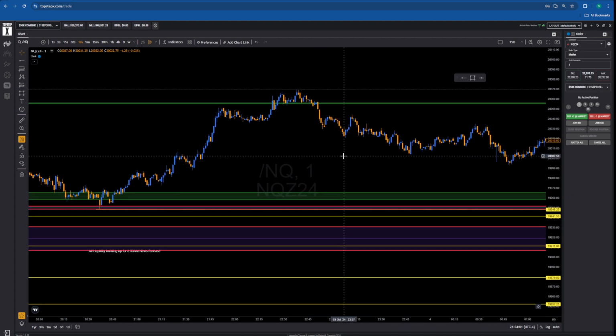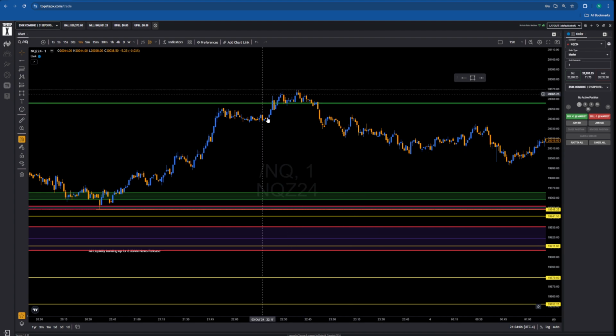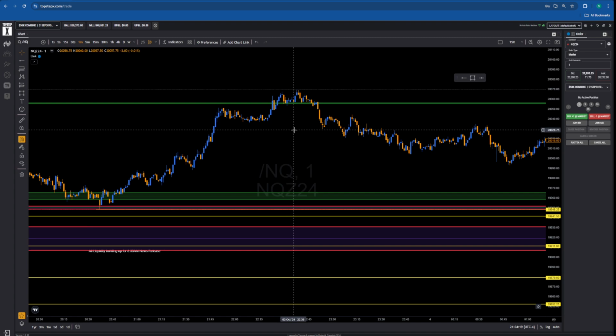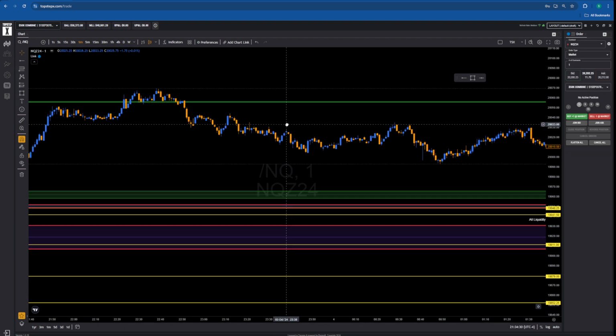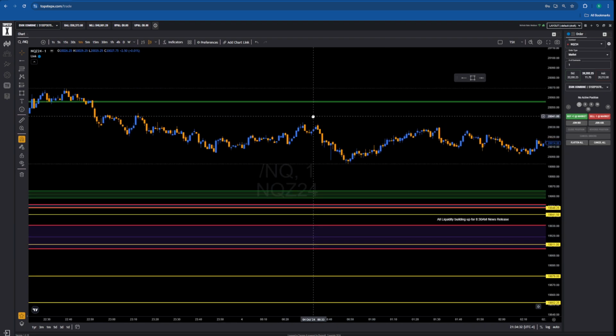What ICT says is that you should have at least the last 3 days of new day opening gaps on your charts, because market algorithms tend to move between those levels, and they remember these recent days' gaps and stuff. So again, the recent weeks and the recent days, you should keep those levels on your chart, and you know where the market is tracking.